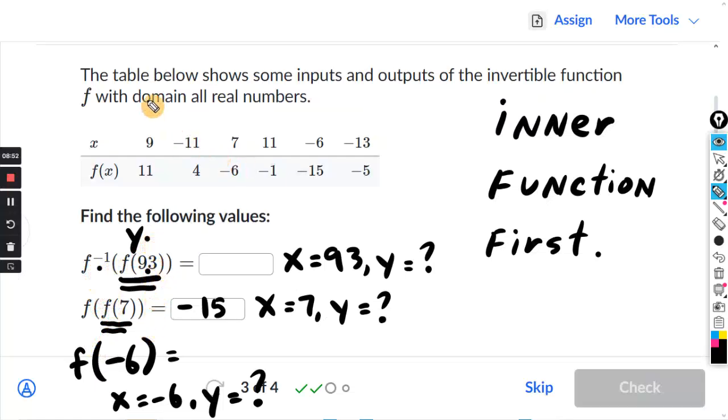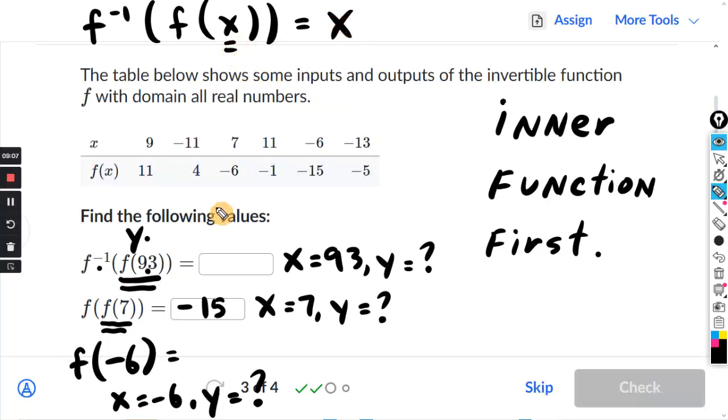If you take the inverse of the original function at a point x, it will just return that value of x. So please write this in your notes as well. If you take the inverse of the original function at point x, it will just return the same value of x.